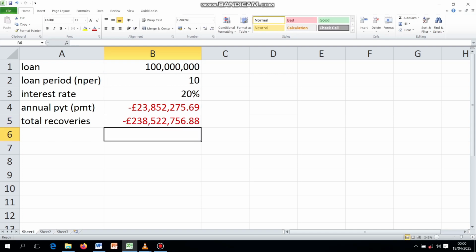Then I'll get the total recoveries because I will need it.